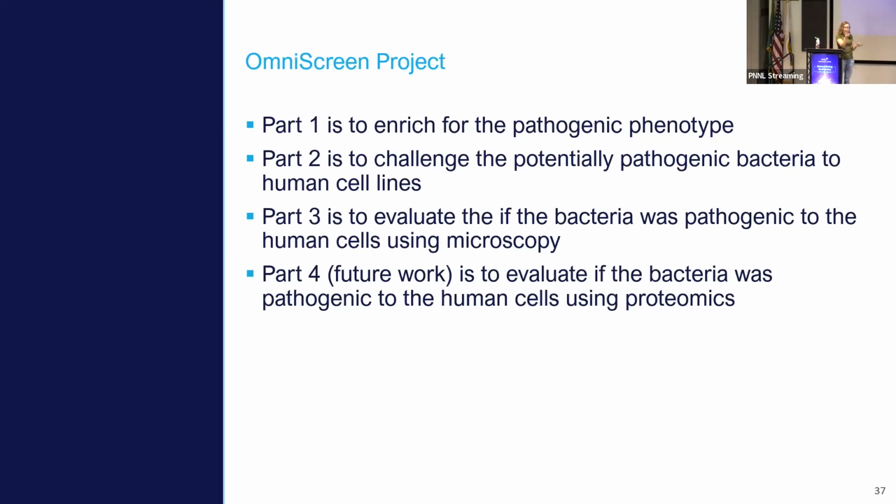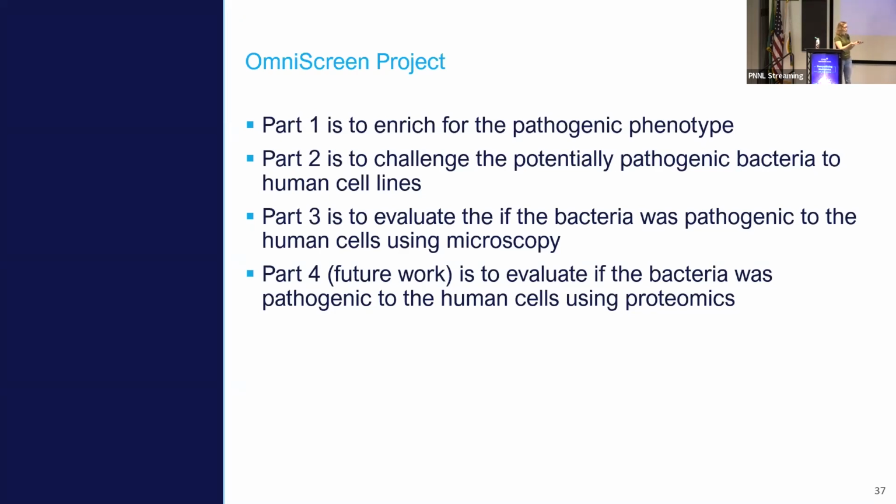The first part is, if you have a really complicated sample, to pre-select for those phenotypes that we want to be looking at. And so they enriched for these pathogenic phenotypes by using activity-based probes and sub-selected from there.